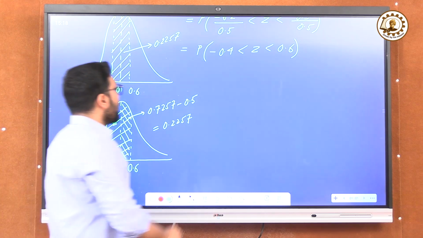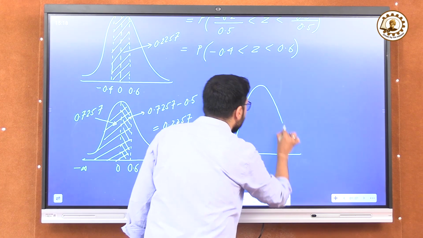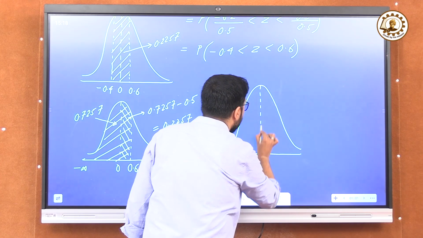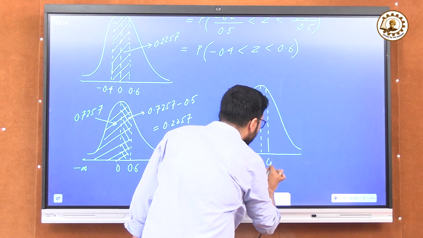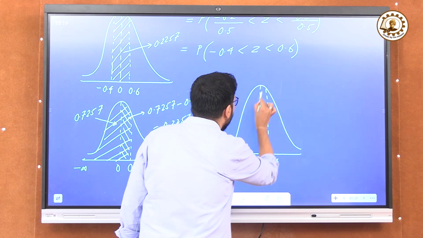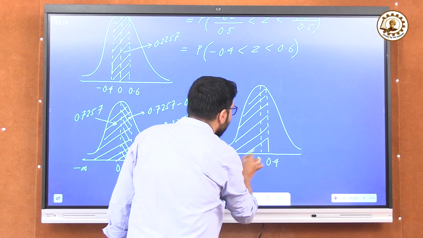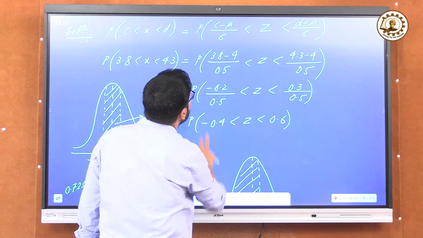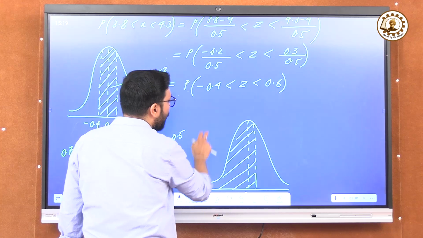Similarly, the next diagram, again we are going to draw it. It is also given as 0 to 0.4. This time it is minus infinity to 0.4. The total area is given as 0.6554.